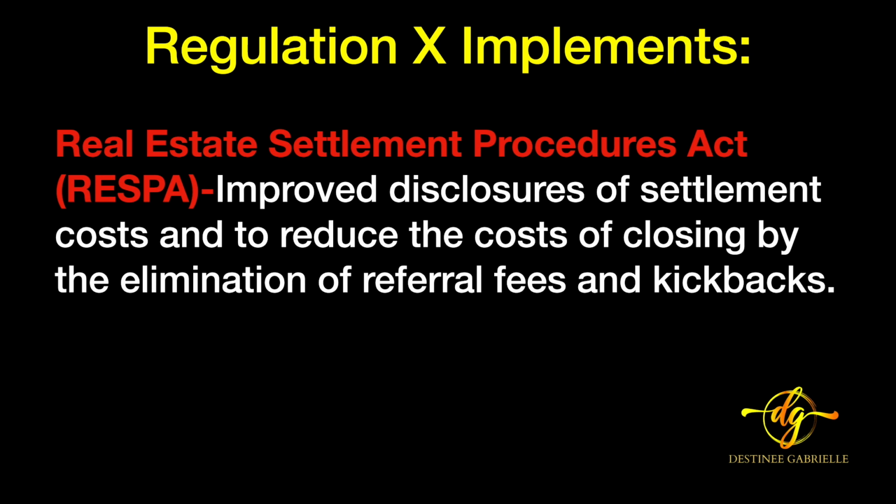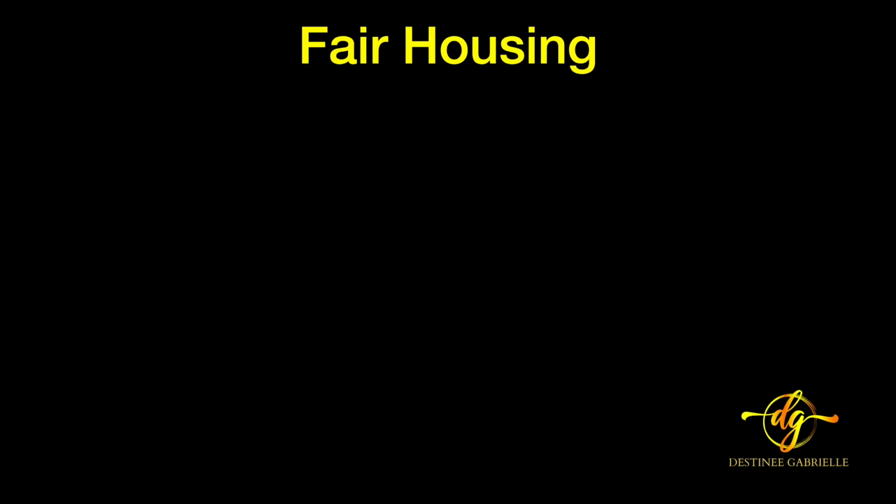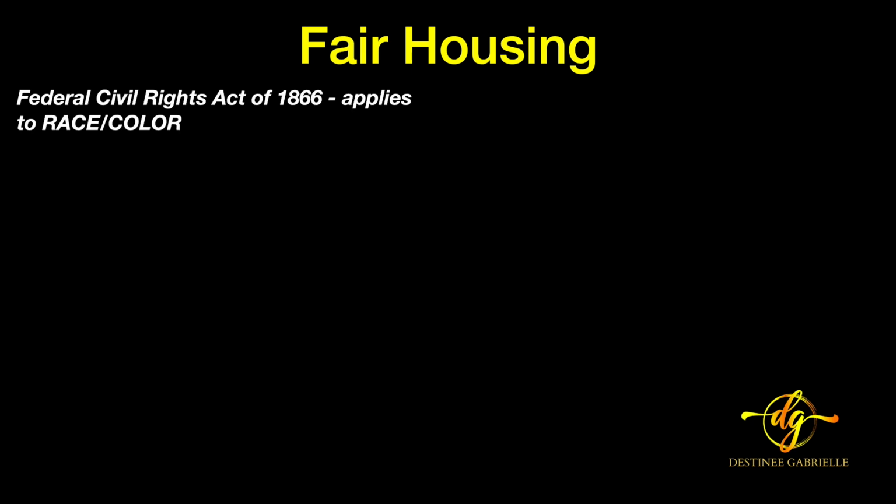All right. One of the biggest parts that I had to learn was fair housing. So there is a mnemonic device, but before we get into it, I just want to give you some of the key pieces that you have to know about fair housing before we talk about the protected classes, which will reveal our mnemonic device. So we've got the Federal Civil Rights Act of 1866, and that applies to race and color.